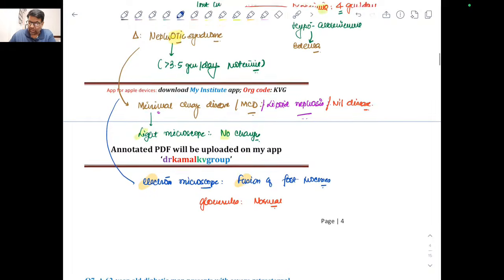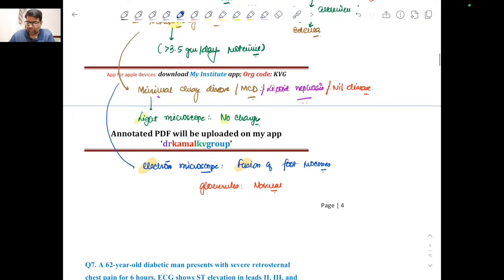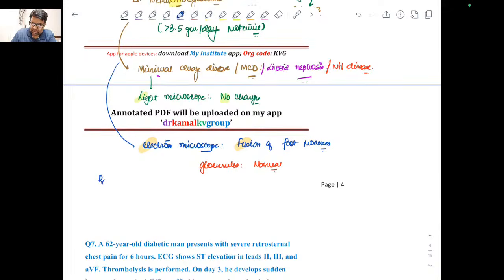Now coming to the question, what do we need to give for this? The best management is steroids. So what do we need to give? Steroids, and the result is wonderful, you can say. Dramatic improvement, right? Fine.